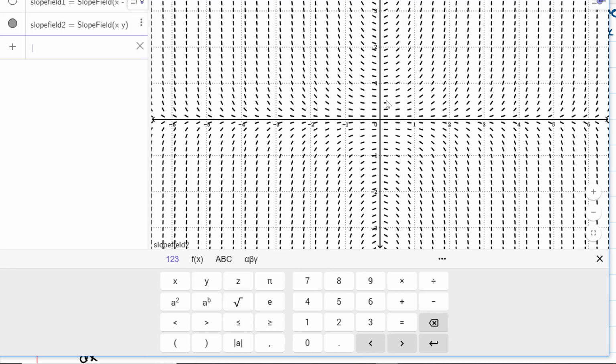As you start pushing away, the numbers are going to get large very fast because they're multiplying. Notice that all the slopes in here are positive because it's a positive and a positive. All the slopes here are negative, see they're going down because it's a negative and a positive. Here they're down because it's a negative and a positive. And here they're positive because it's a negative and a negative.